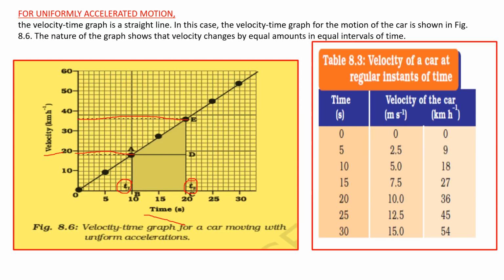So the velocity is changing by equal amount in equal interval of time. So it is uniformly accelerated. Now the graph for this type of motion will come out to be a straight line inclined to time axis.